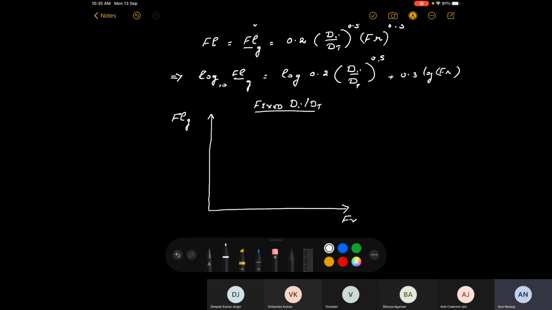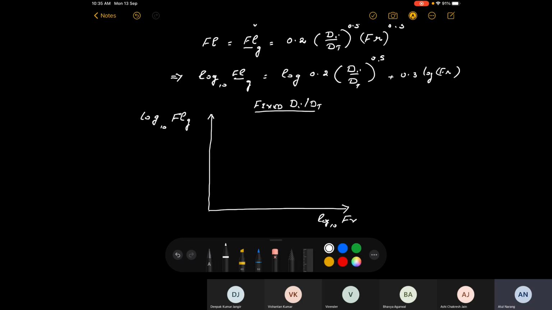So there are three parameters: the gas flow number FL_G, the Froude number Fr, and the ratio di over dt, which we are holding fixed. And what this formula is showing, take a look at that formula, this is actually plotted on log to the base 10, and this is log to the base 10.